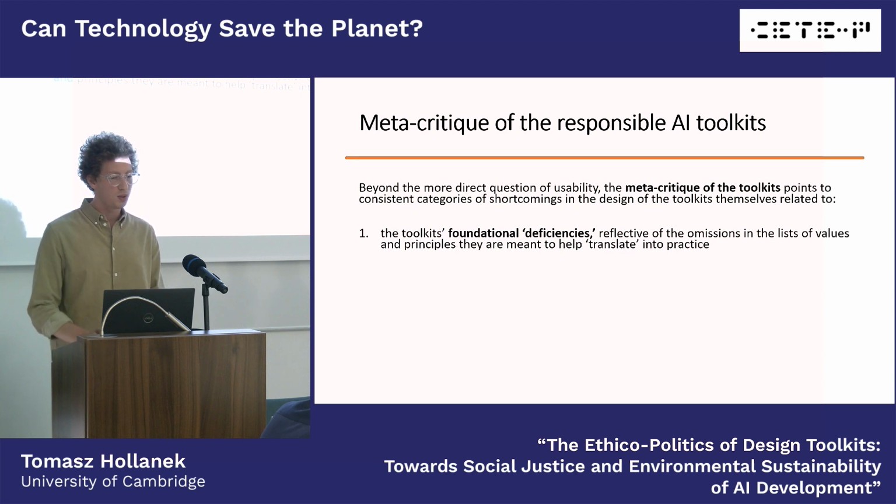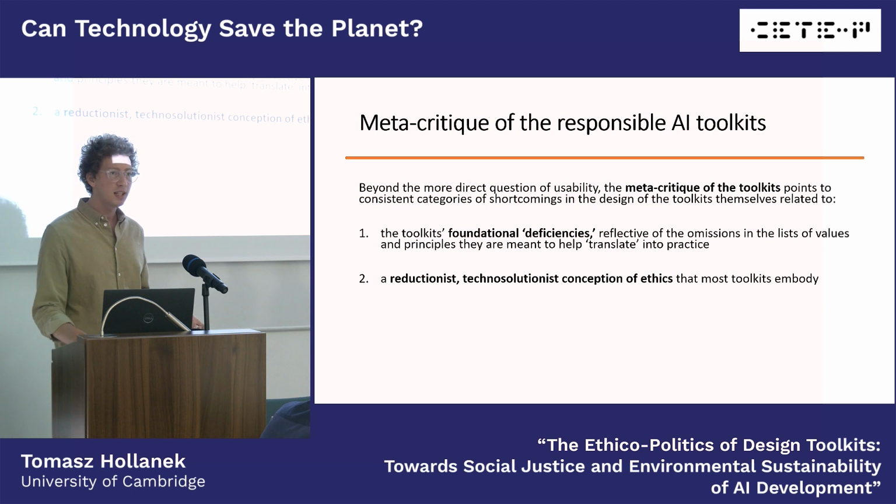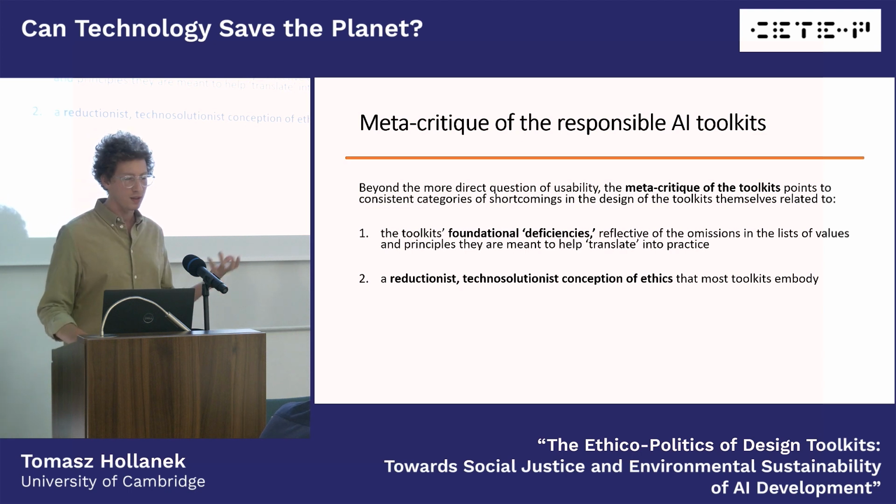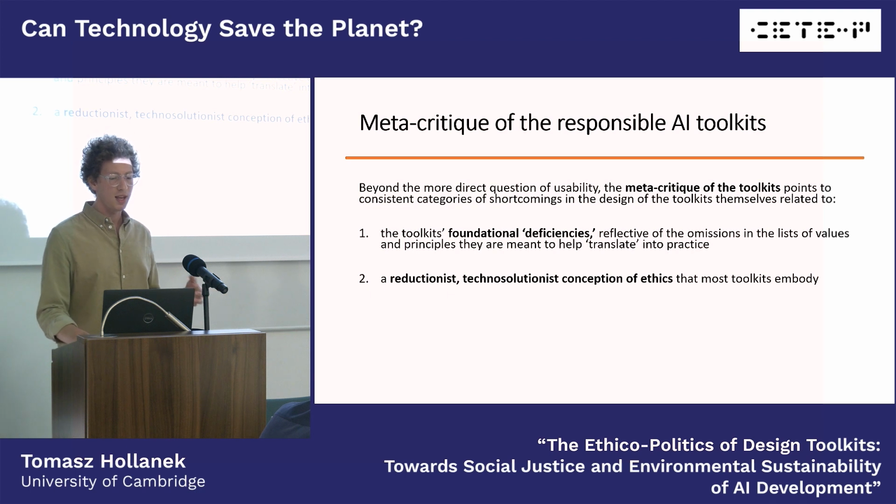This is to say that the toolkits are not good enough because this is reflective of the omissions in the list of values and principles that they are meant to help translate into practice. I will say a bit more about that in a second. The second problem with toolkits as a medium for translating theory into practice is that they embody a reductionist, techno-solutionist conception of ethics. And I will also say a bit more about that in a second.